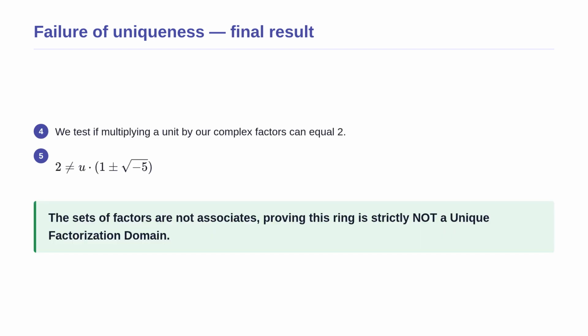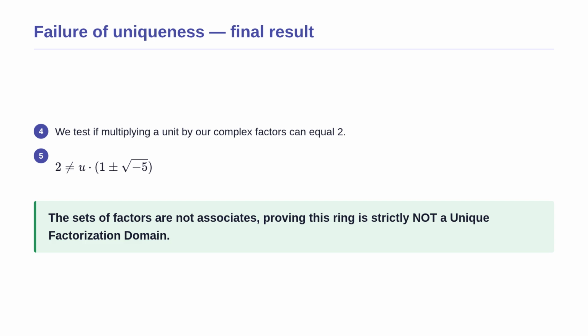Following our setup, we reach the final conclusion of our proof. We evaluate the equation we just built. No matter which unit you choose, 1 or -1, multiplying it by our complex factors will never equal the simple numbers 2 or 3. This inequality is the final nail in the coffin for uniqueness in this ring.